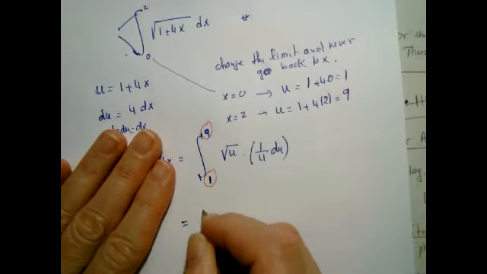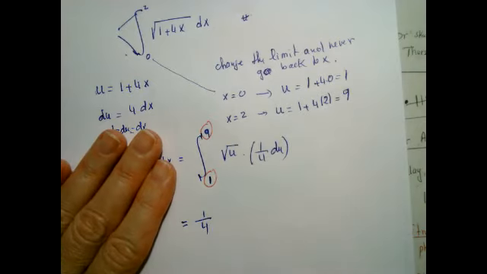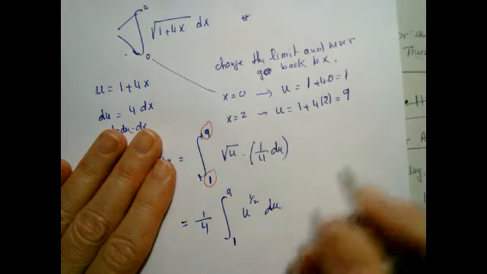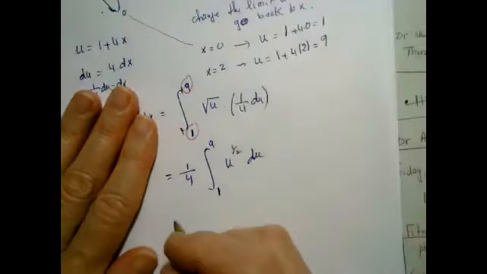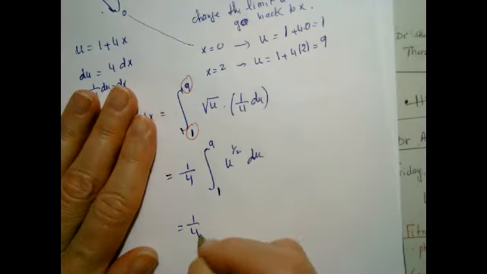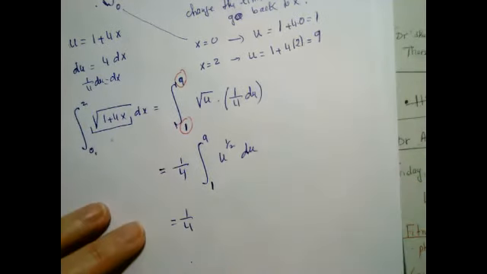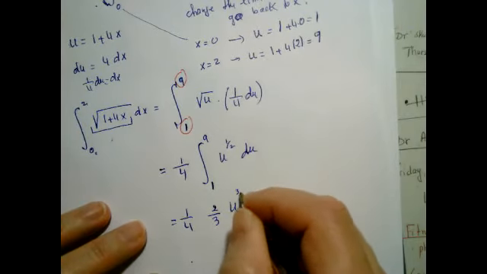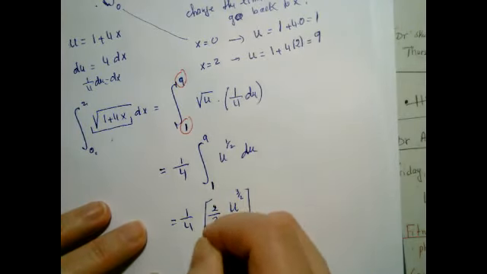So this will be equal to 1 over 4 integral from 1 to 9 of u to the half du, which is equal to 1 over 4. The antiderivative of u to the power of a half is 2/3 u to the power 3 half.